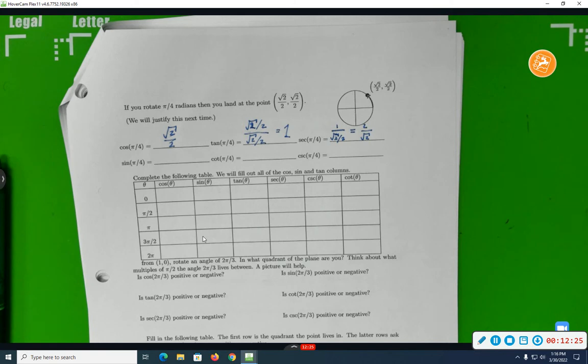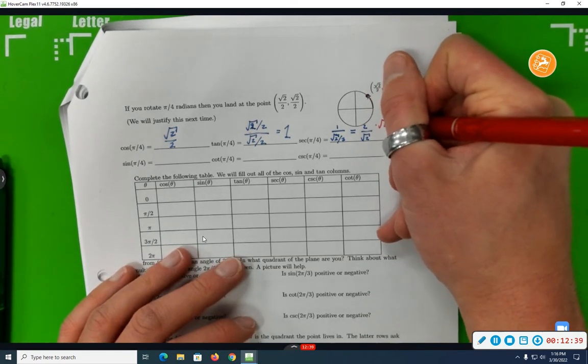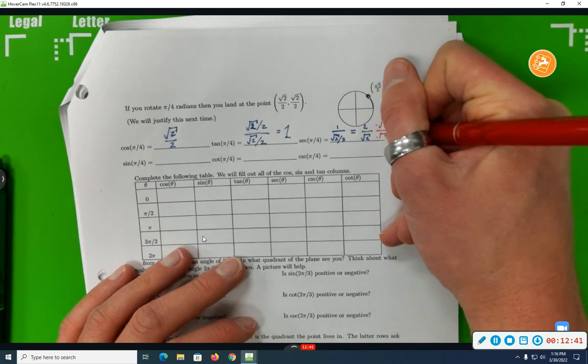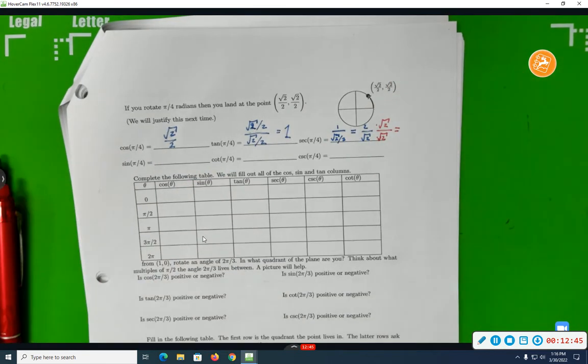So what would you want to multiply square root of 2 by to get rid of the square root? How about the square root of 2? Yeah. So I'll multiply and divide by √2. And hopefully this will all simplify nicely.